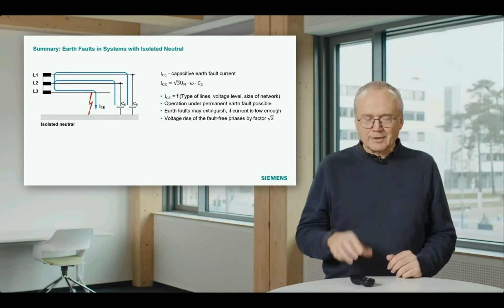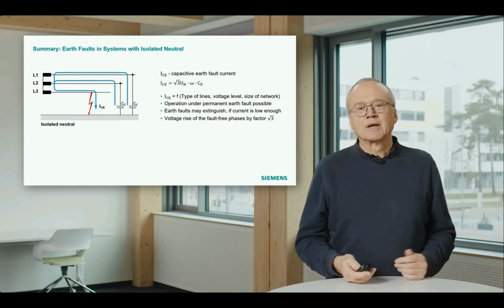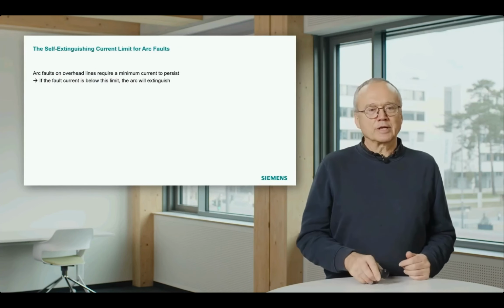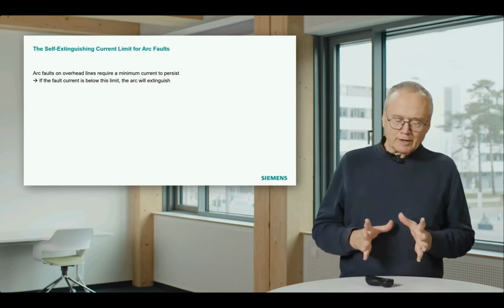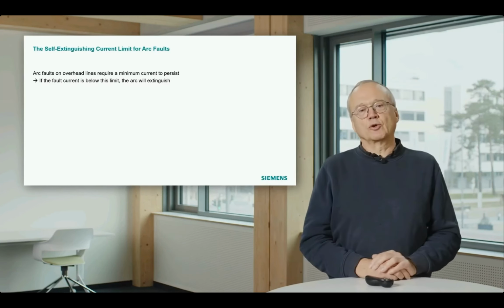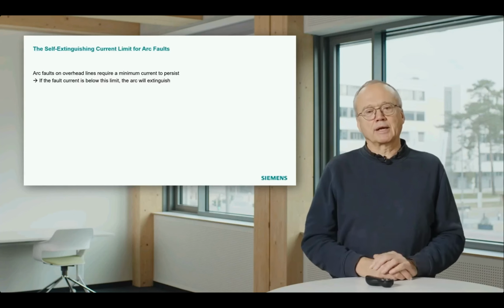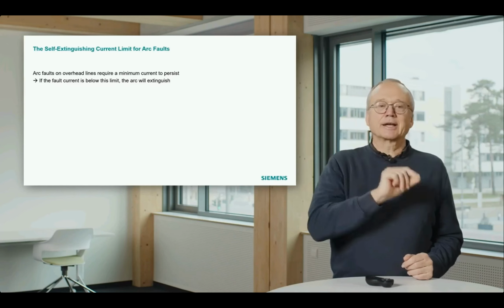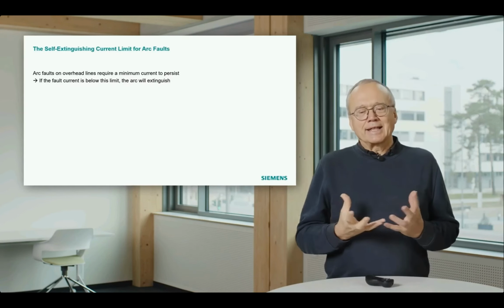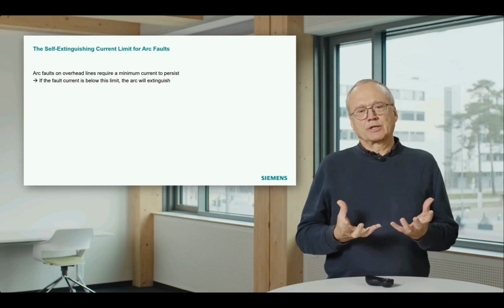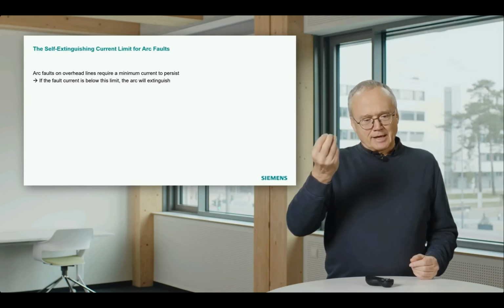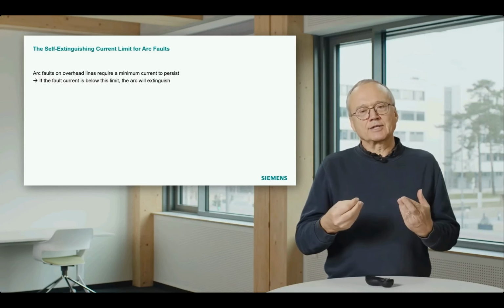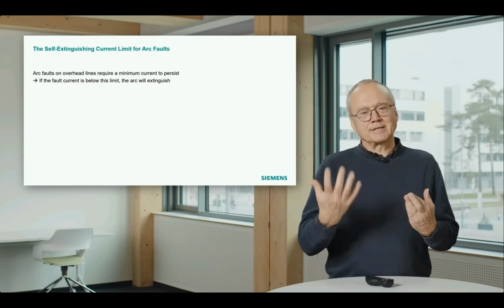But first of all, let's look at this self-extinguishing thing, because that is one of the big advantages of this treatment of the star points. Imagine you have a fault, an arc fault on an overhead line. Started maybe by a lightning arc from a thunderstorm. Then you have an arc between the conductor and the tower. And at the moment there's nothing damaged. There's just an arc. The arc produces heat. The heat keeps the air ionized, so this thing maintains itself.